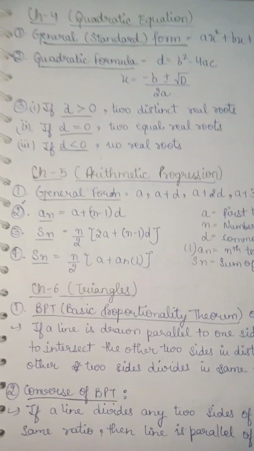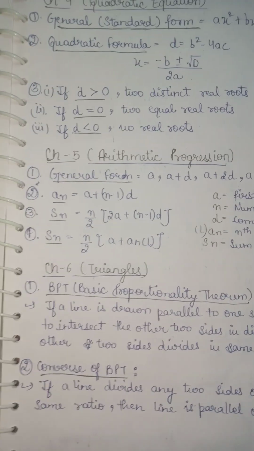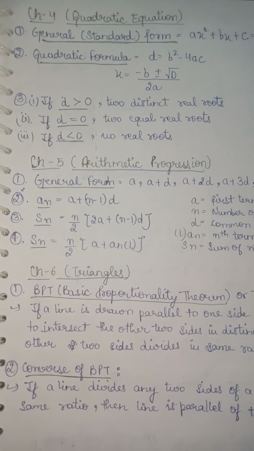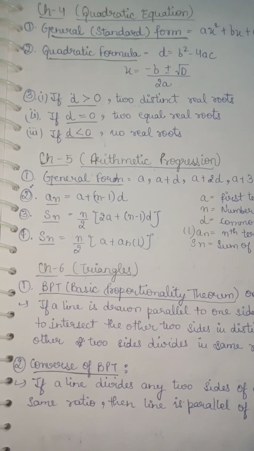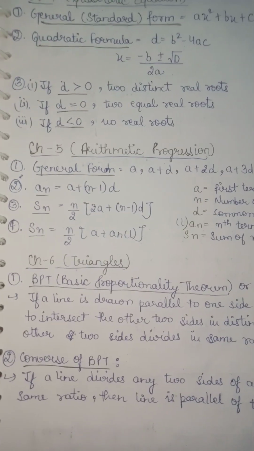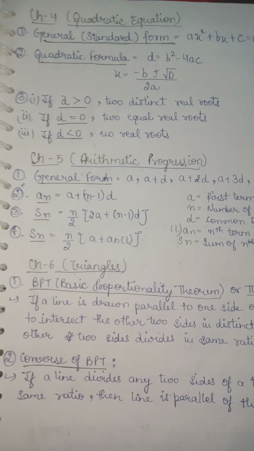Here root D is the discriminant, and we also know that if D is greater than 0, then we get two distinct real roots, and if D is equal to 0, we get two equal roots, and if D is less than 0, we get no real roots.